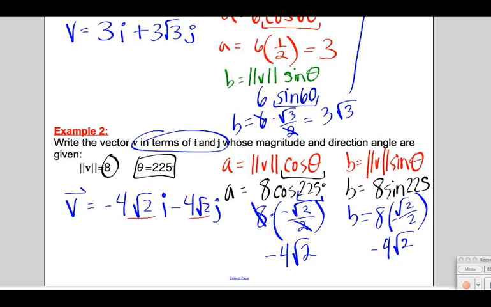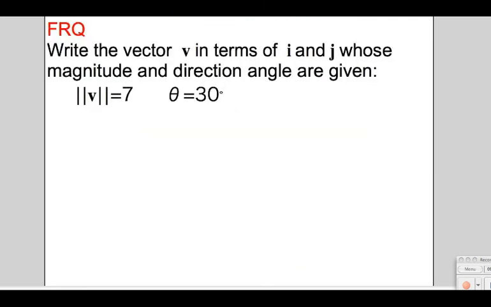Now it's your turn to give it a shot. Use the formulas to find the a and b values and write the vector v in terms of I and j, where theta is 30 and my magnitude is 7. And try and write your answers into the Google form. Do your best to use SQRT for square root.